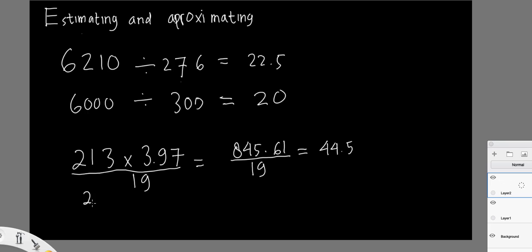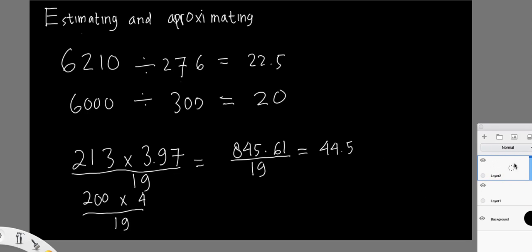213, we round to 200. 3.97, we round to 4, and divide by 19. Sorry, 19 is rounded to the nearest 10, so it will be 20.